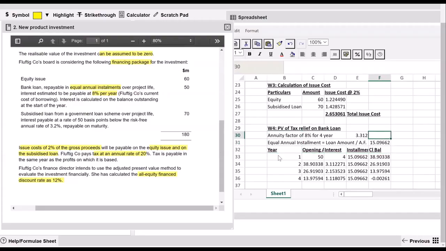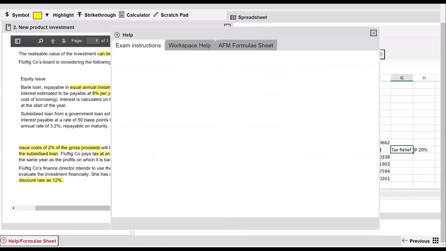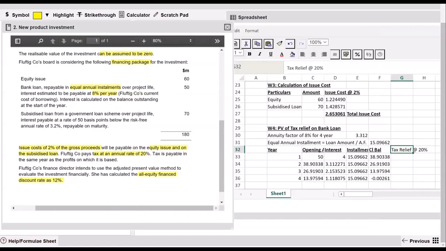Now, this interest is going to give us tax relief. The tax relief at the rate of 20 percent. So whatever is the interest, pick the interest, 20 percent is the tax rate. So this much tax relief I have each year.